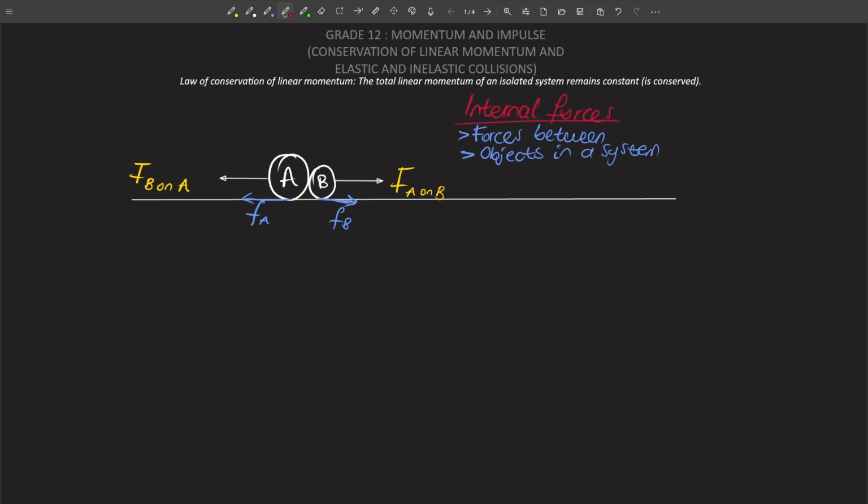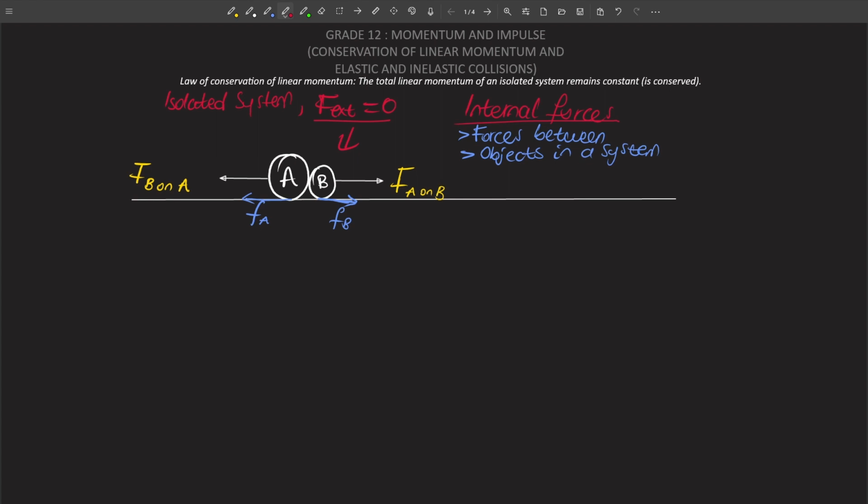For an isolated system, F external is equal to 0, and the mass remains constant.